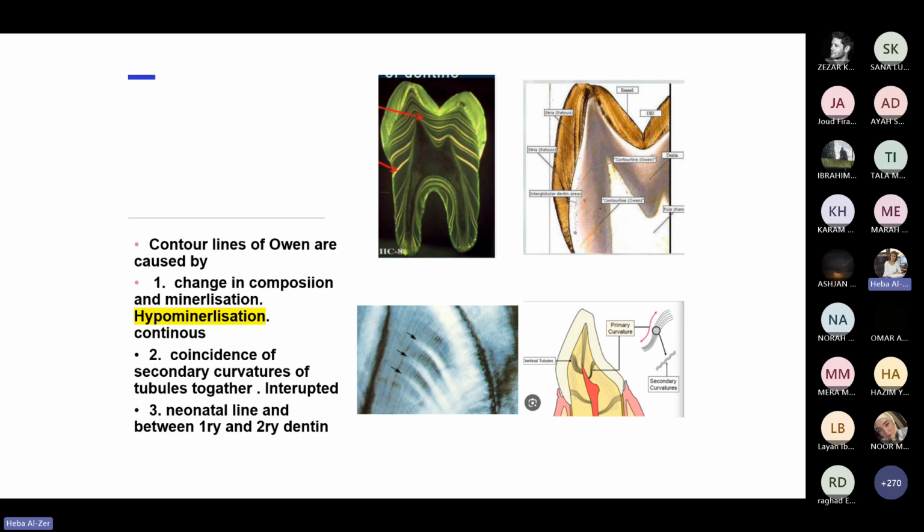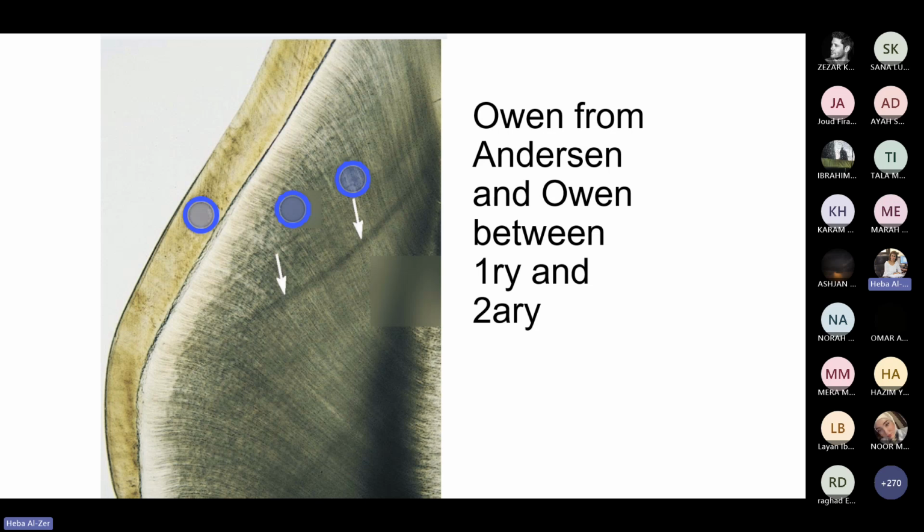In this case, they are short and interrupted, or the neonatal line, or the line between primary and secondary dentine. As we can see here, this is a contour line of Owen caused by hypomineralization of an Andresen line, and this is a contour line of Owen between the primary and the secondary dentine. Remember, what is this?